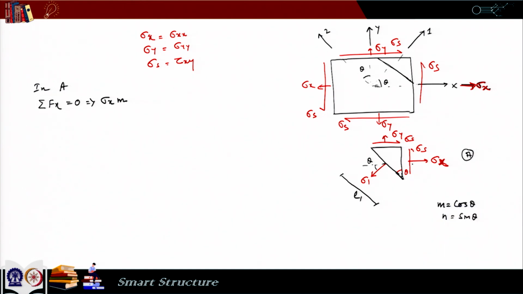So, sigma x multiplied by m into L1, and then here we have sigma s multiplied by n into L1, because this is our L1 sin theta.